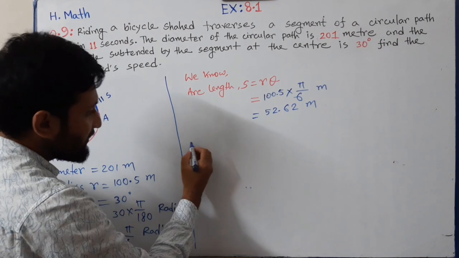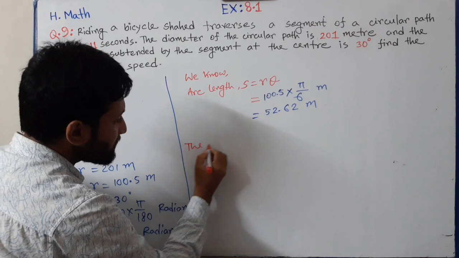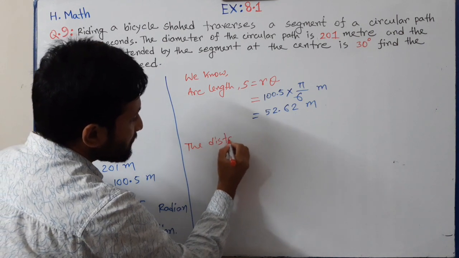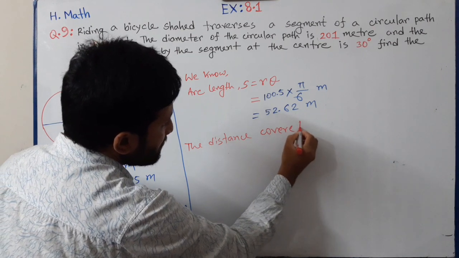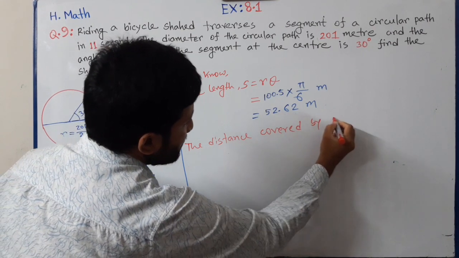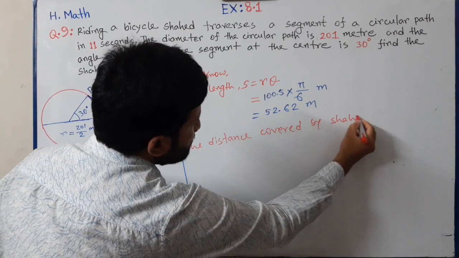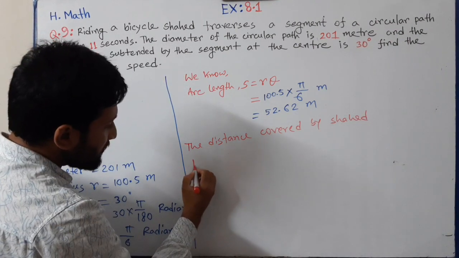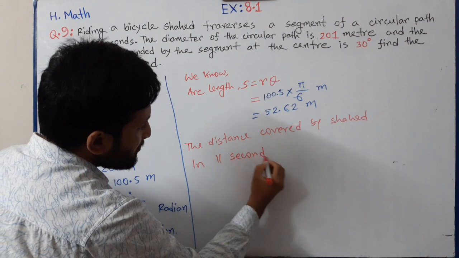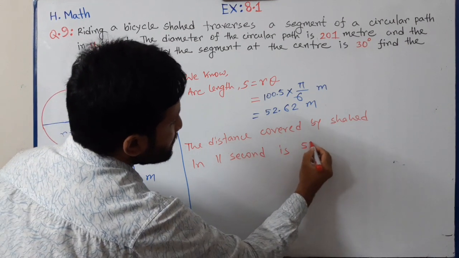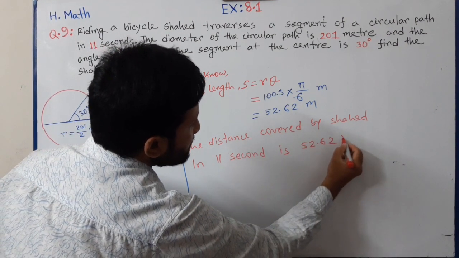So we can say that the distance covered by Shahid in 11 seconds is 52.62 meter.